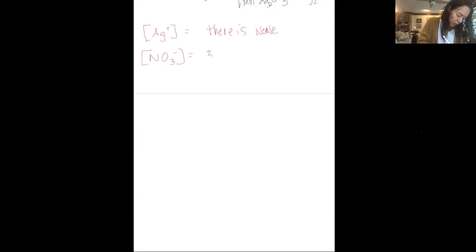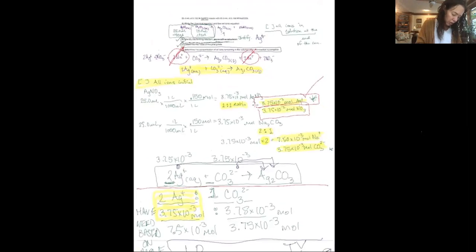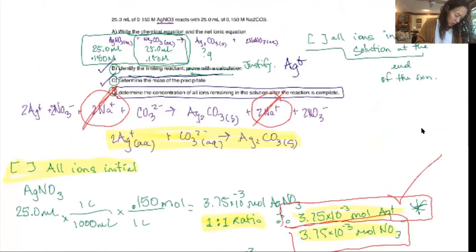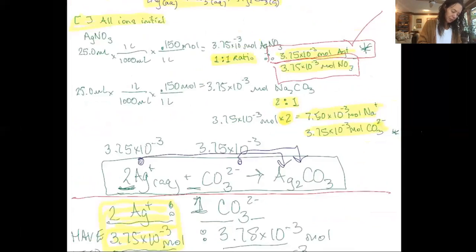I have 3.75 times 10 to the -3 moles divided by the volume of my solution in liters. What is the volume of my solution in liters? Well, it looks like it's 25 milliliters plus 25 milliliters.